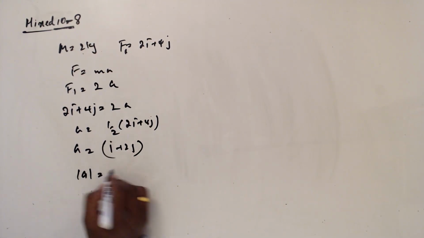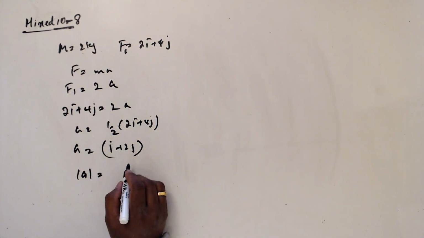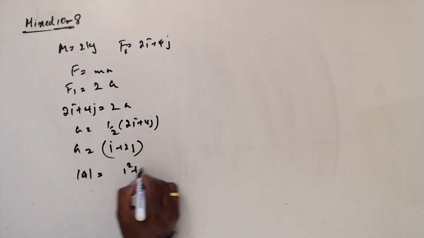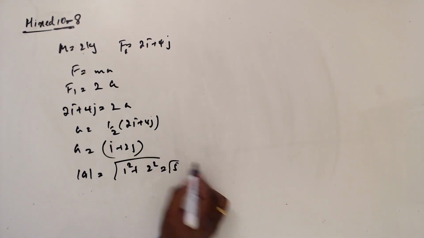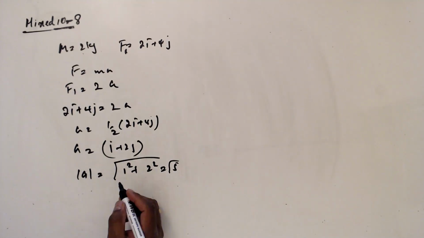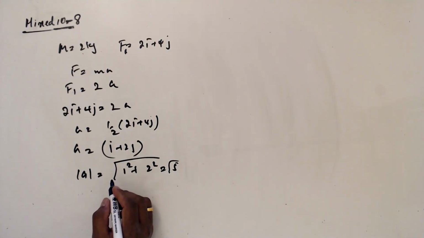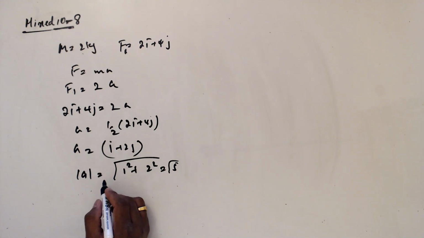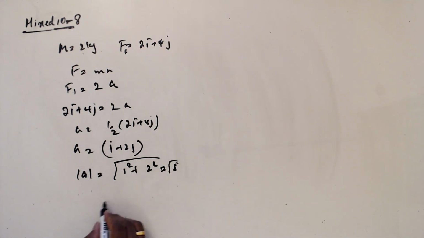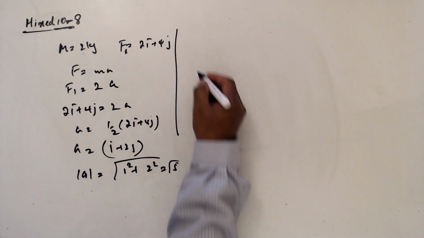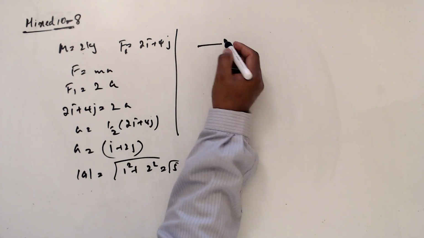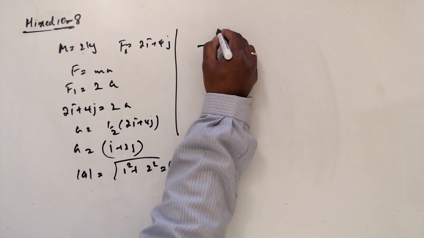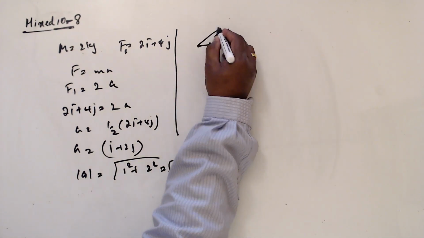So the magnitude of a, the acceleration size, is square root of 1 squared plus 2 squared, that is square root 5, and the direction, we don't need the direction. If you need the direction, this is the direction, so this is the particle, so i and 2j.